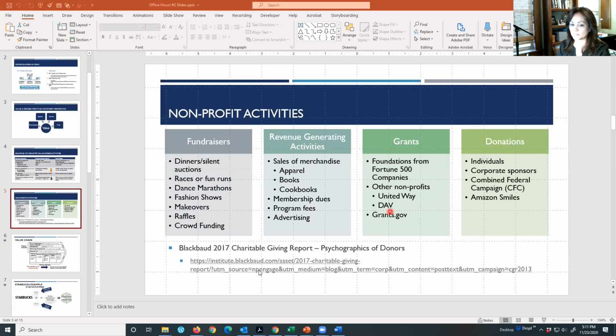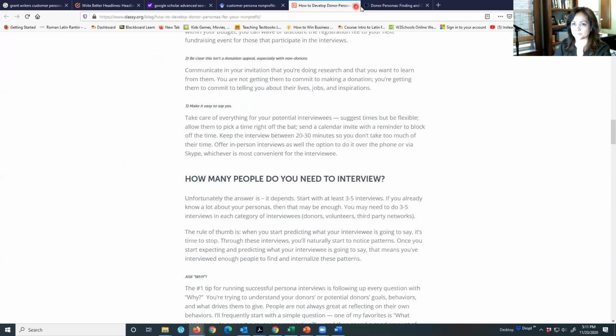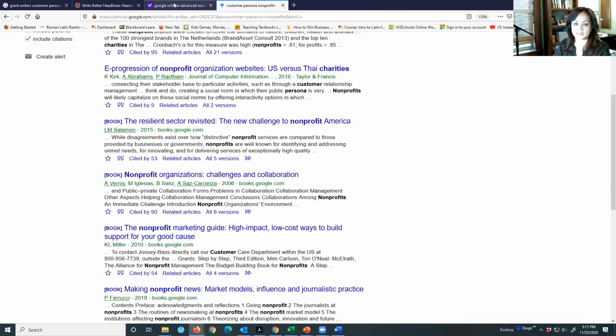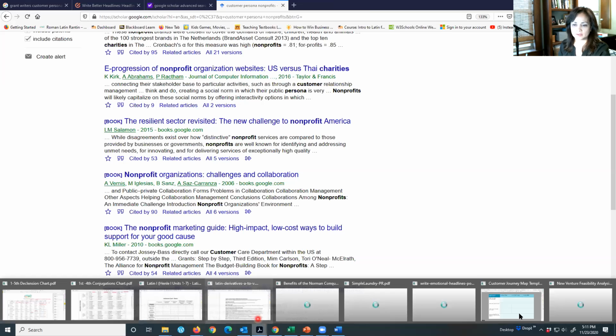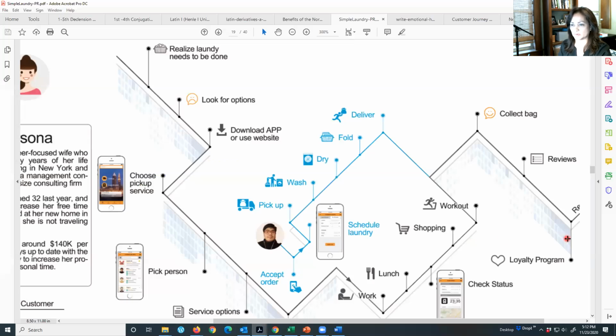Before I even get to this slide, let's go back, because a lot of what you want to do, some of it's already developed out there. I just recommend using those examples instead. We've got two of you in the laundry industry. I like this because it's already mapped out. This is just so much easier.